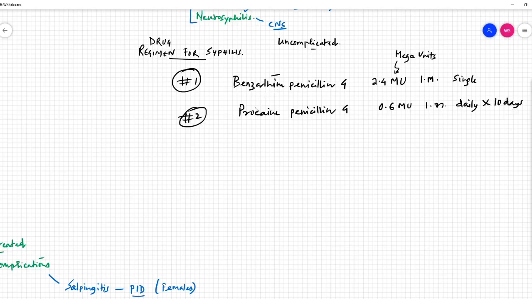Okay. And the third regimen is doxycycline. Remember, we discussed it. Doxycycline, here this is 100 milligram BID, meaning twice a day, for 14 days.